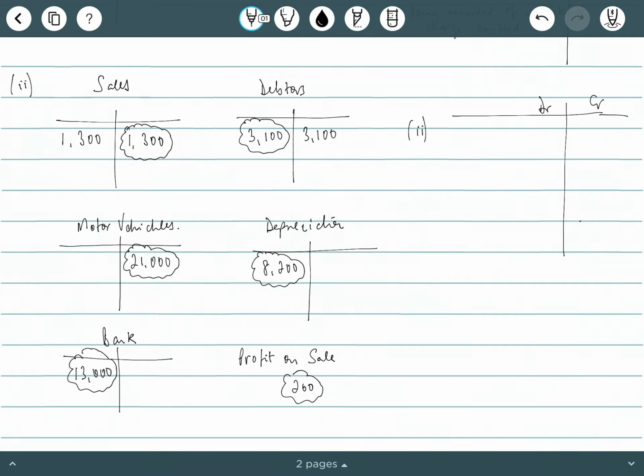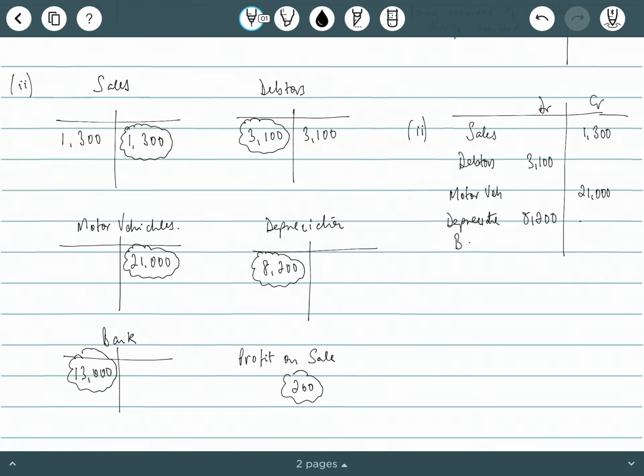So we've got sales, 1.3. Handy to have the bubble so I know which figures I'm taking. Debtors, 3.1. Motor vehicles, 21,000. Depreciation, 8,200.